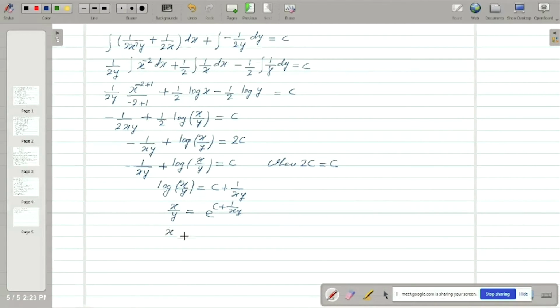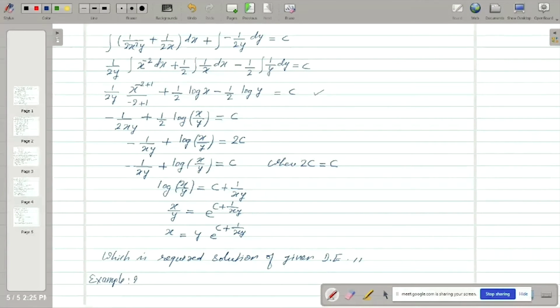So this can again be written as x equal to y e raised to C plus 1 upon xy, which is the required solution of the given differential equation. Okay.